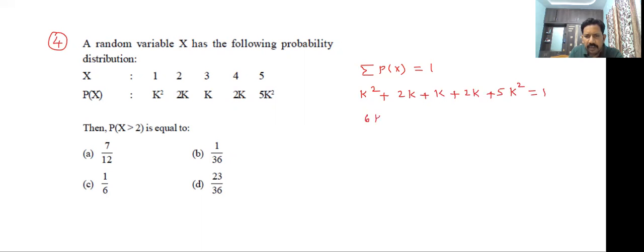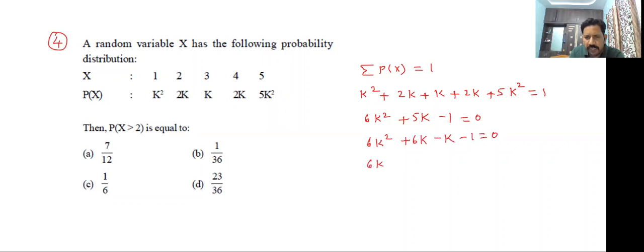6k square plus, so this is totally 5k plus 1, sorry, minus 1. Right hand side 1, send to the left hand side, that is minus 1. Now split into factors: 6k square plus 6k minus k minus 1 is equal to 0.